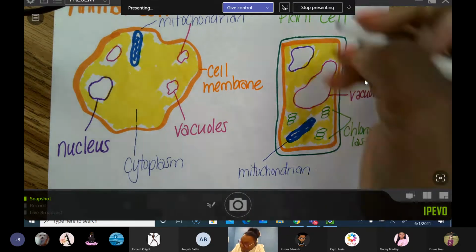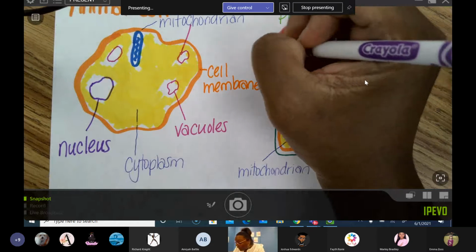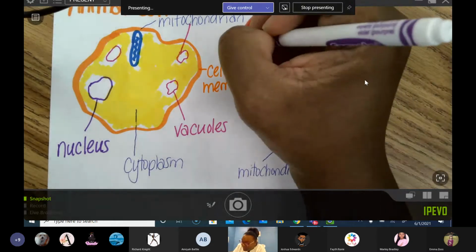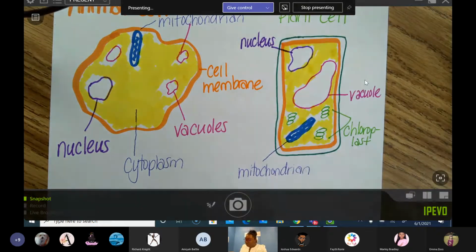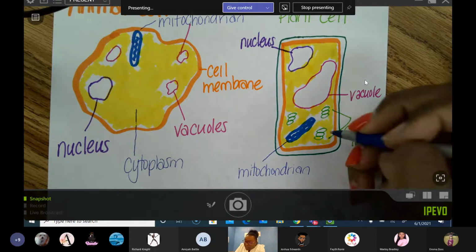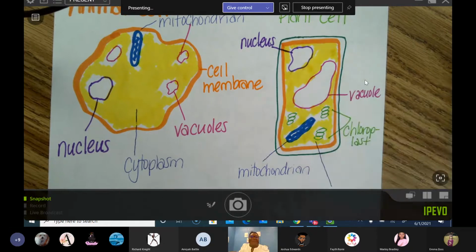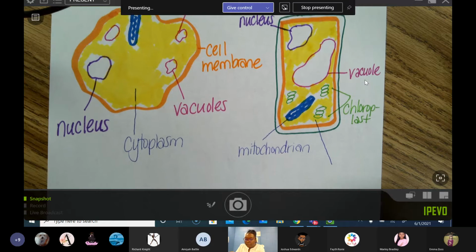Our purple structure here, just like in our plant cell, is the nucleus. That yellow jelly-like stuff that our organelles are floating in, remember that's called cytoplasm.